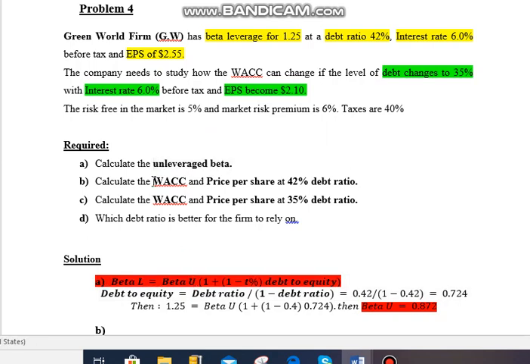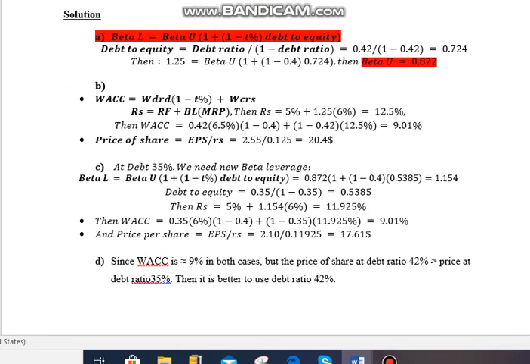Then part B asks to calculate the weighted average cost of capital and the price per share at the current debt ratio, which is 42%. The weighted average cost of capital equals the weight of debt multiplied by RD, the before-tax cost of debt, times 1 minus the tax rate, plus the weight of equity multiplied by the cost of equity.